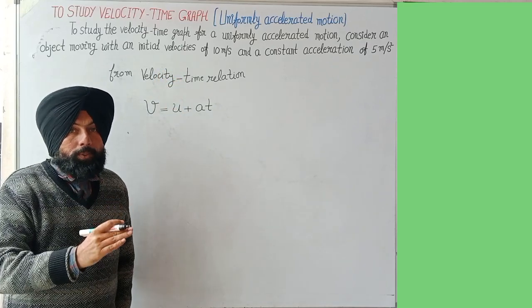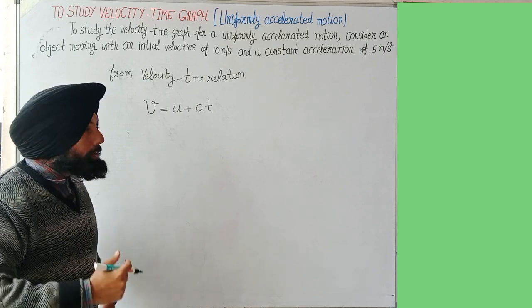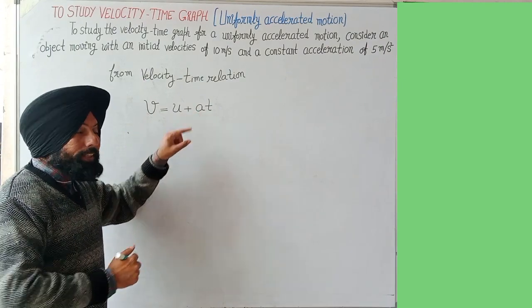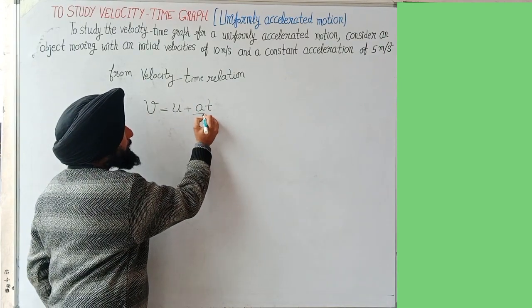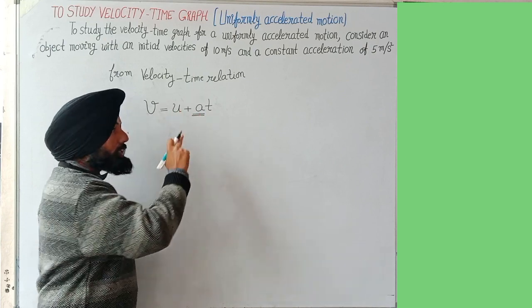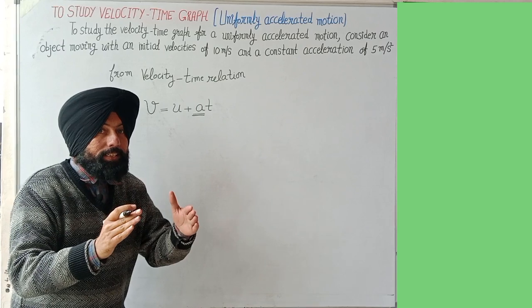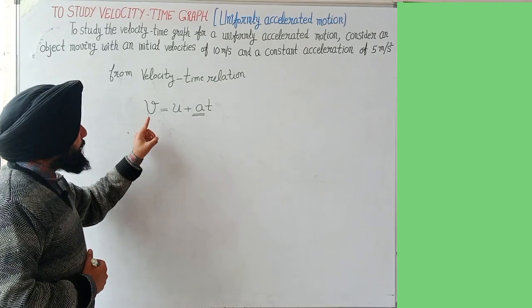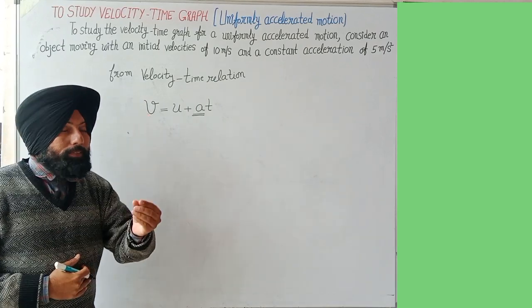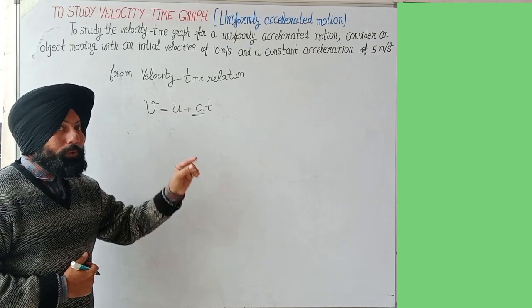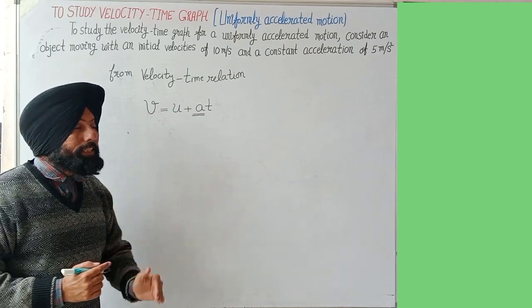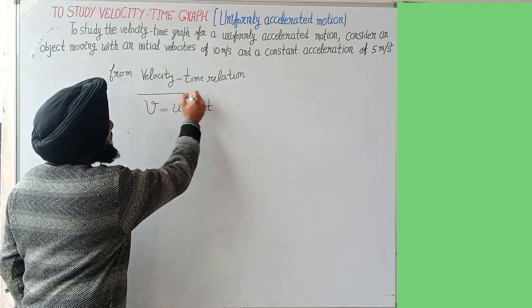V is the velocity of the object at any time t with constant acceleration. You must know that the acceleration here is constant. V is the velocity at any time, and what is u? U is the initial velocity.